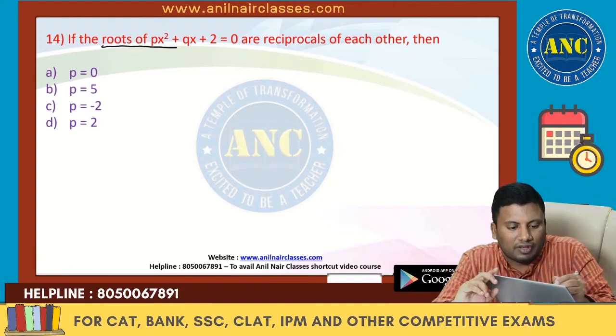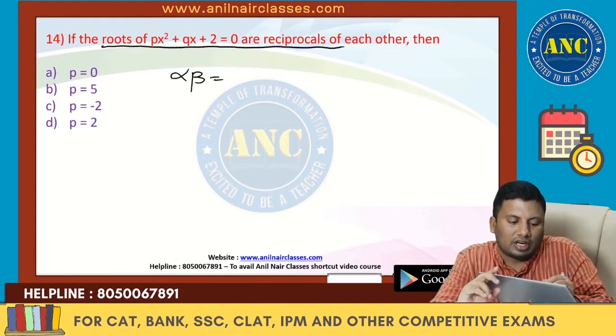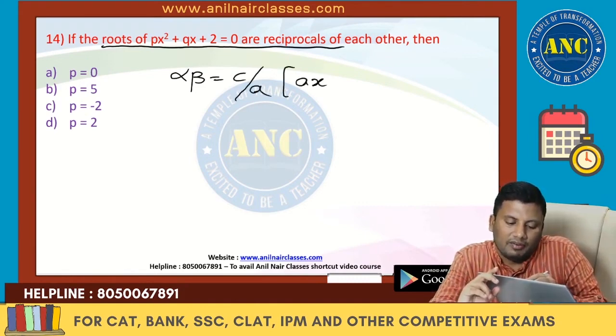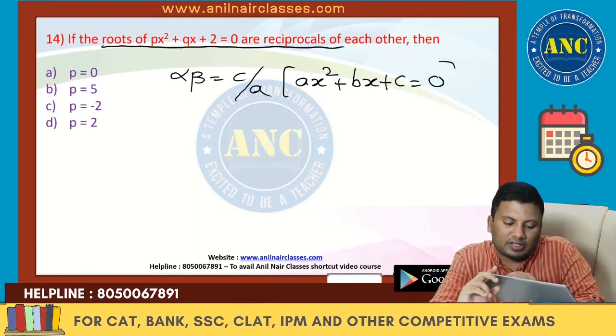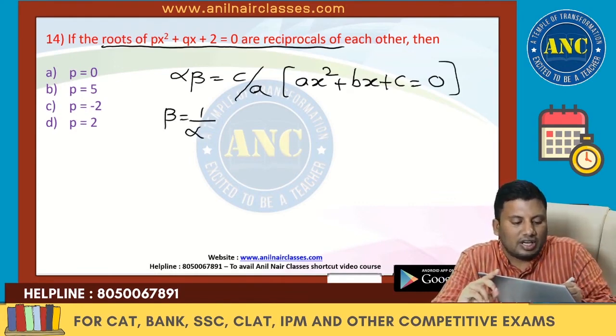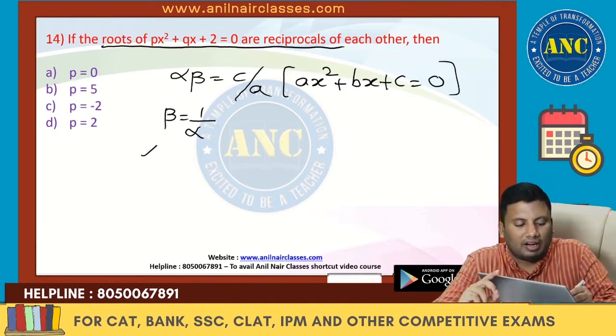14th one: if the roots of the equation are reciprocal to each other, the product of the roots is C by A for the quadratic equation AX square plus BX plus C equal to 0. If one root is alpha, the other is 1 by alpha.